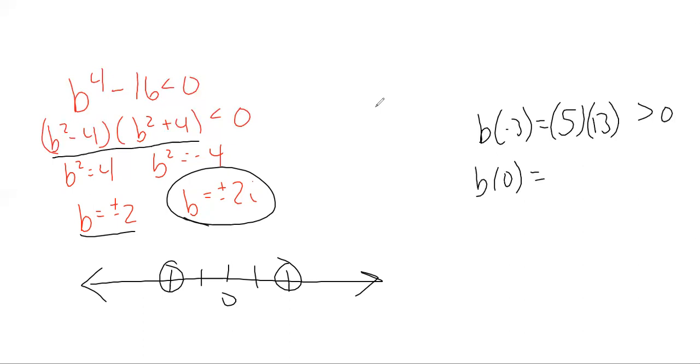I have 0 minus 4, negative 4. 0 plus 4 is 4. That's less than 0. And then put in 3. And I end up with 5 again and 13 again, which is greater than 0.